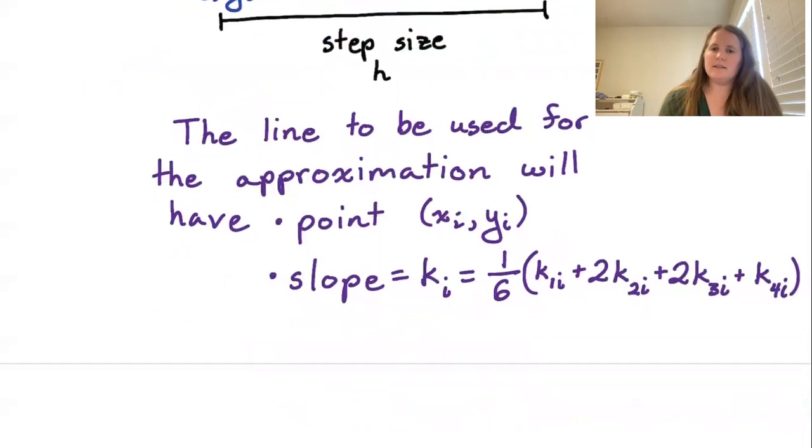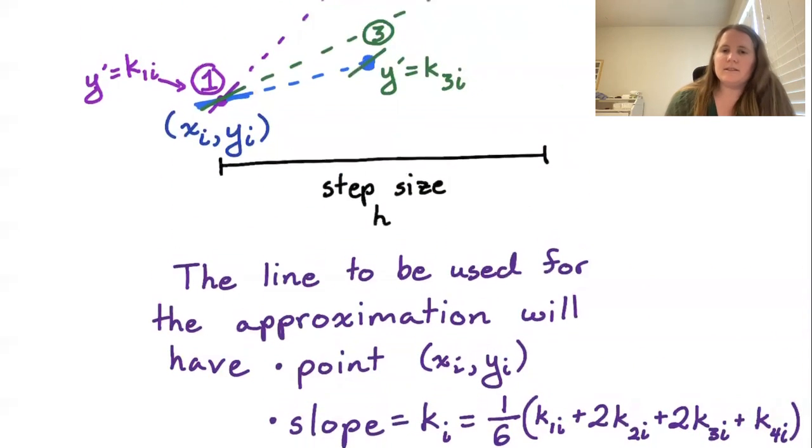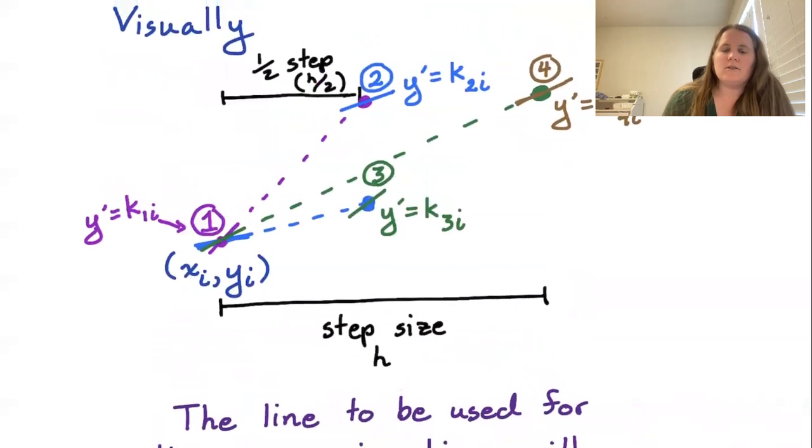This is the average of the consecutive averages. So if we averaged the slopes from 1 and 2, averaged the slopes from 2 and 3, and then averaged the slopes from 3 and 4, and then took the average of those 3 averages, this is what we would get.